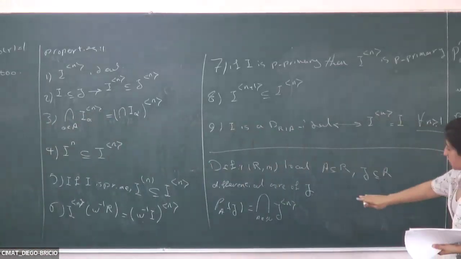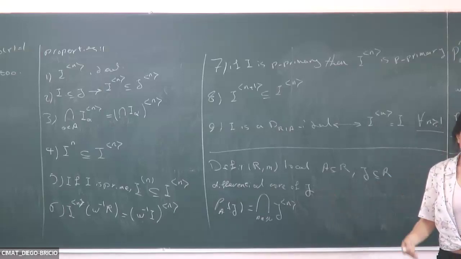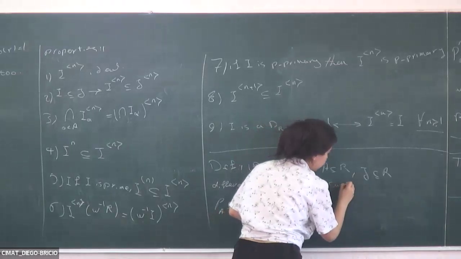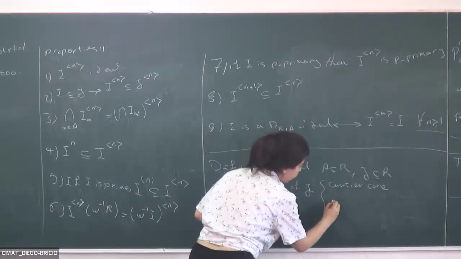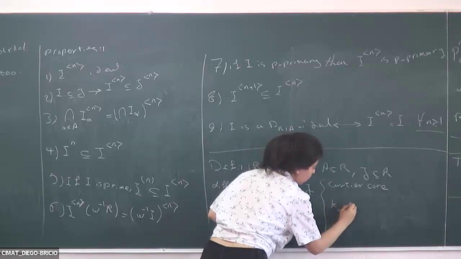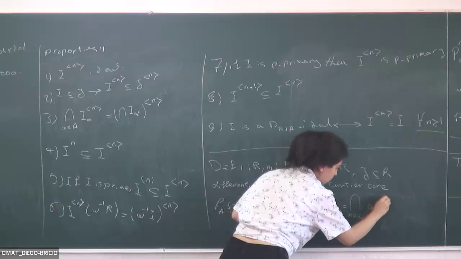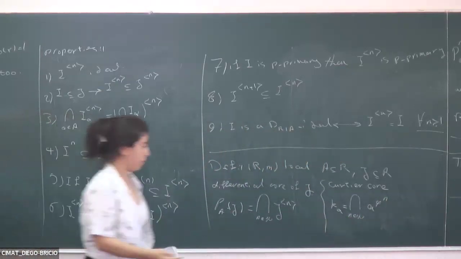So this is the definition of the differential core, and if you remember, Javier told us that the Cartier core is the intersection over n natural number of this one. So you can see that there are similarities.